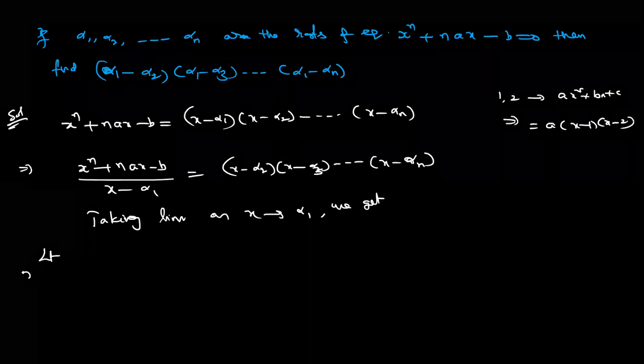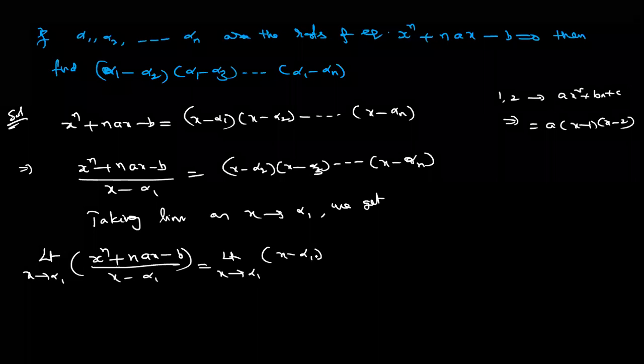The limit as x tends to alpha 1 of (x power n plus n ax minus b) by (x minus alpha 1) is equal to the limit as x tends to alpha 1 of (x minus alpha 2)(x minus alpha 3) and so on, (x minus alpha n).